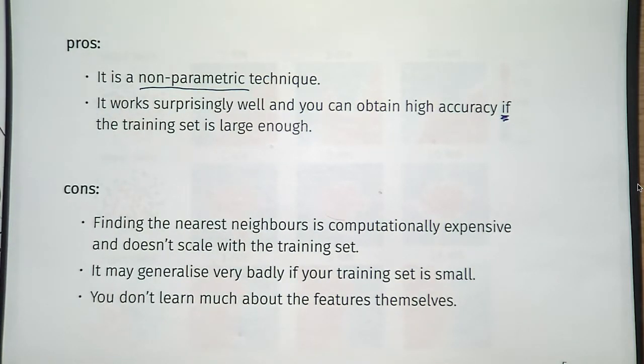Something that will become apparent with neural nets is that what you want from machine learning is not only to predict, but also to understand your problem a bit better. With this technique, you don't understand your problem any better because you just look at your training set and you know only as much as your training set. At least in a parametric model, you make some assumptions about the model, so you have some understanding, or at least a hypothesis, about what the model is.